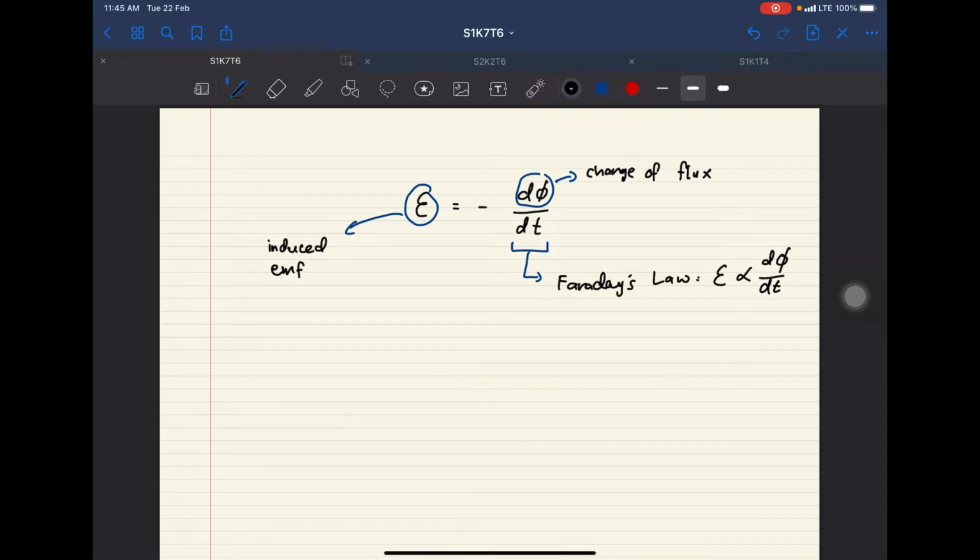Then one more thing about this equation is that you have a negative sign over here. This is because according to Lenz's law, an induced current always flows in a direction that opposes the change in magnetic flux that causes it.